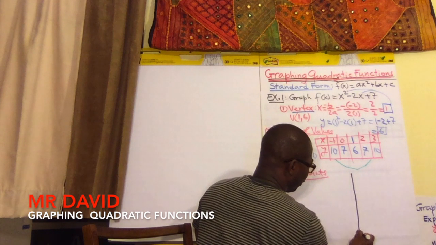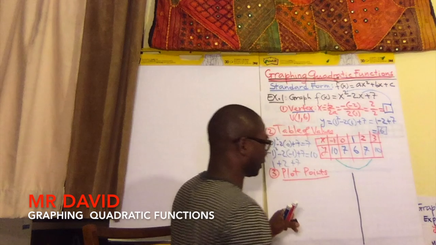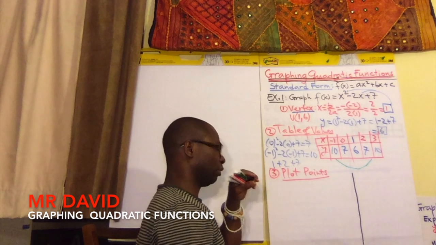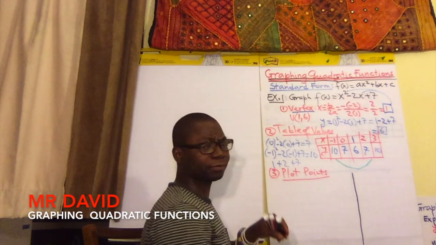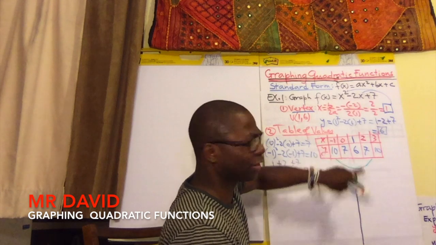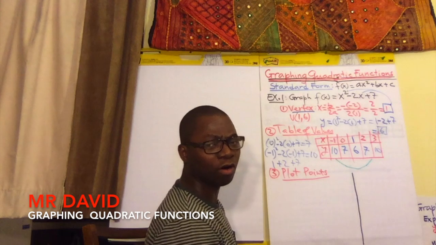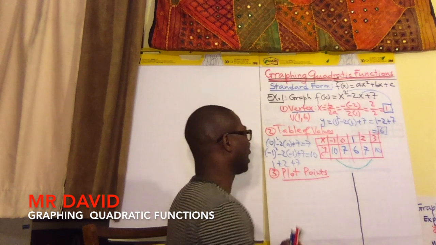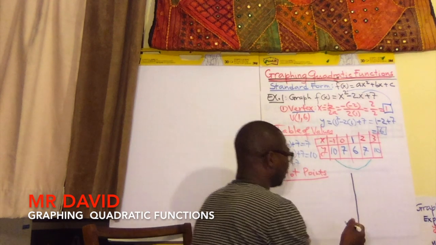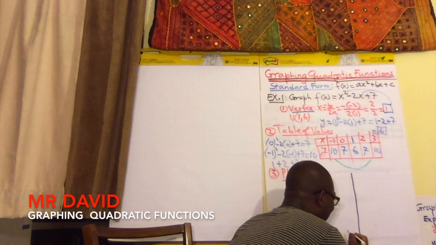When you're making your x and y axis, it is really important to look at your values to make sure you know how far down you could go or how far up you could go. Okay? So here I see I gotta go all the way to 10. So I'm going to try to change the scaling a little bit.